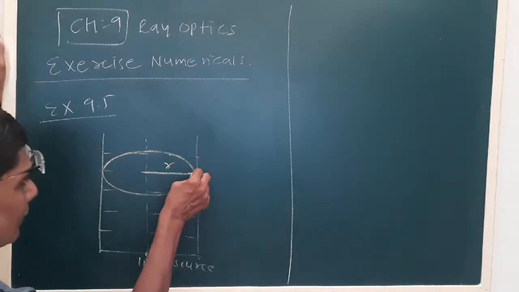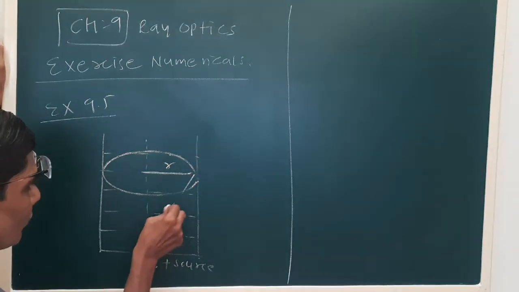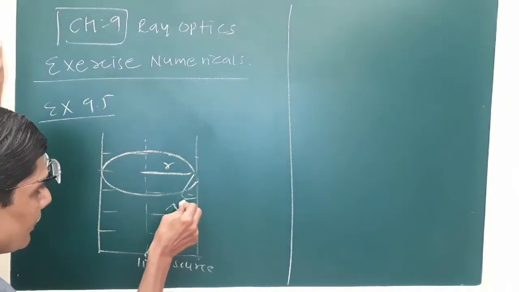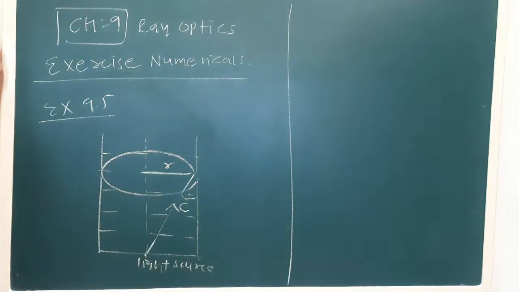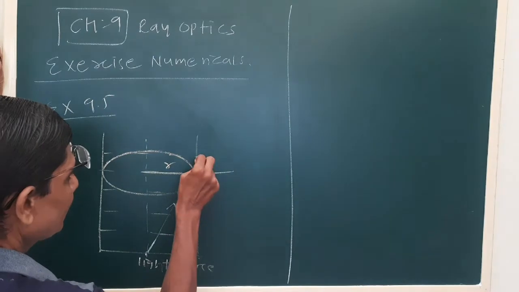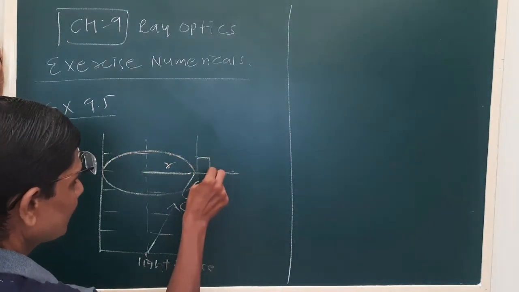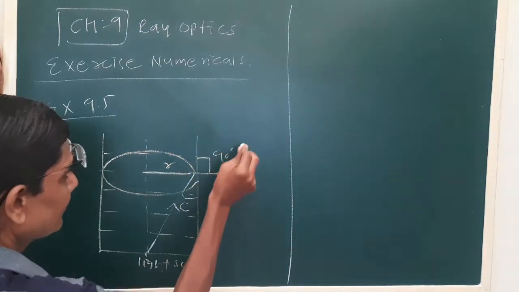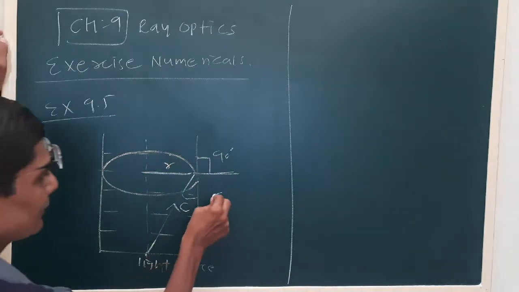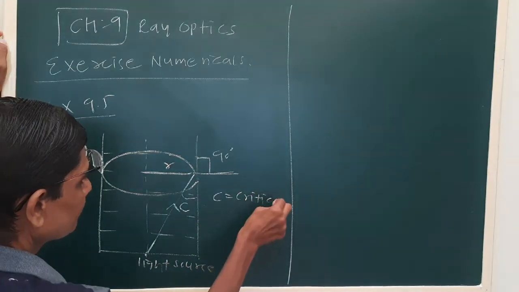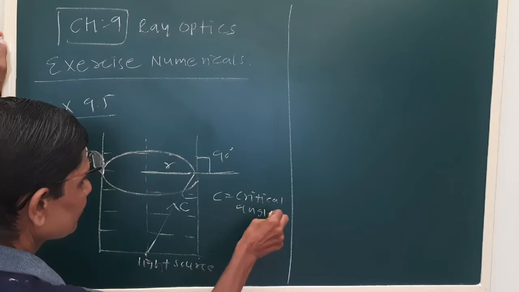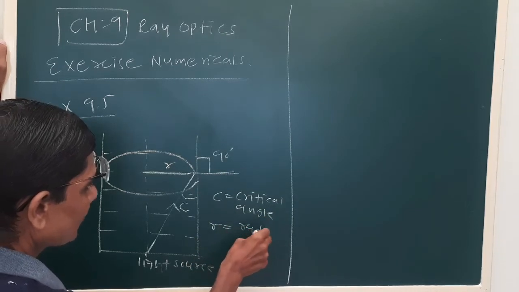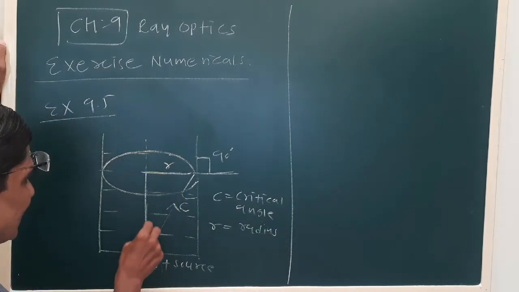Now let us say for the critical angle, it suffers total internal reflection, or the angle of refraction is 90 degrees. Let us say this is our critical angle. r is the radius of the circular path, h is the height or depth.